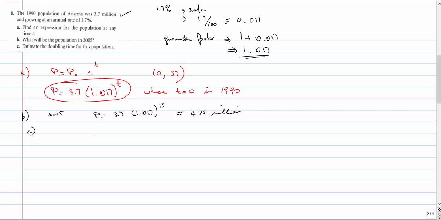C. Estimate the doubling time. Doubling time will be 2 times 3.7, which is 7.4. So the doubled population equals the original times the growth factor to the power t.